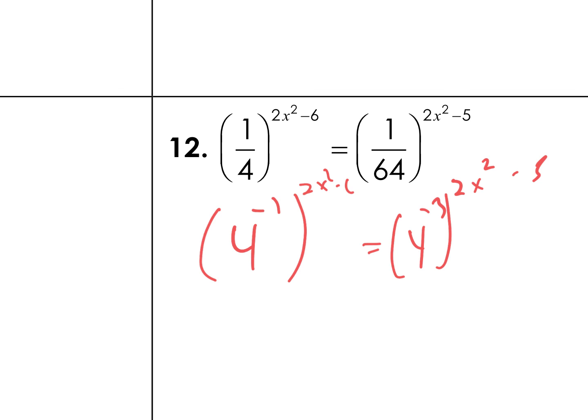Oh, you're saying I could have just left them as a fraction, so you don't have to mess with the top exponent. Oh, I never thought of that. I see what you're saying. I could have left this as 1/4, and then left this as 1/4 to the negative 3. Yeah, you could have kept it like that. It simplifies a lot more things.